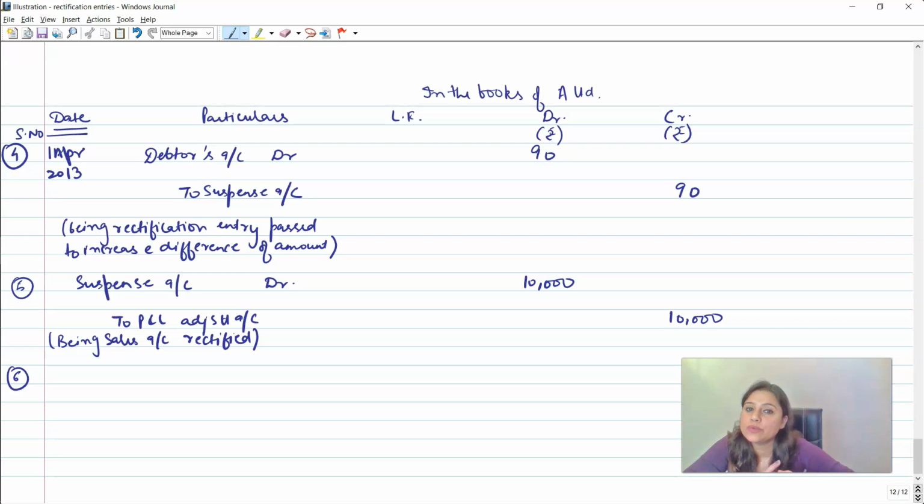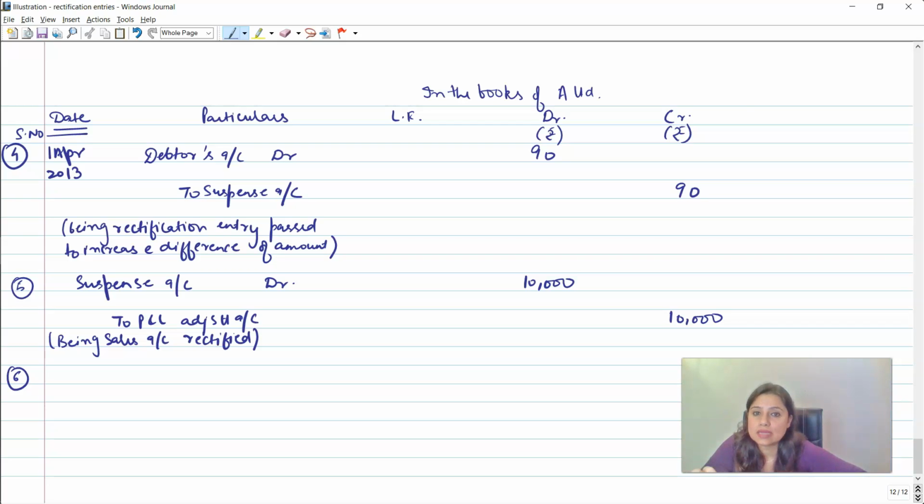So here we would be directly making the changes in the closing stock, and by overcasting we mean that the inventory that has already been used in the business has been included in the closing stock account. So we would be reducing the impact. Closing stock being the asset of the company, in order to reduce the effect on the closing stock, we would be decreasing the amount of rupees 10,000, so crediting the closing stock account.